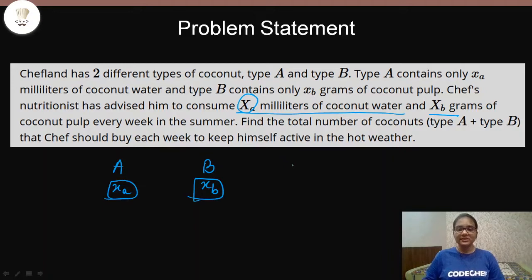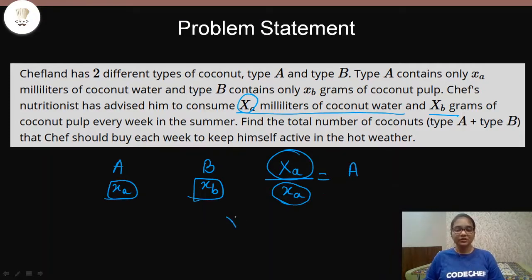So we can just simply divide capital XA by small xa. What will this give us? This is the total amount of milliliters of coconut water that is needed by chef, and this is the total amount of coconut water that is there in just one coconut.